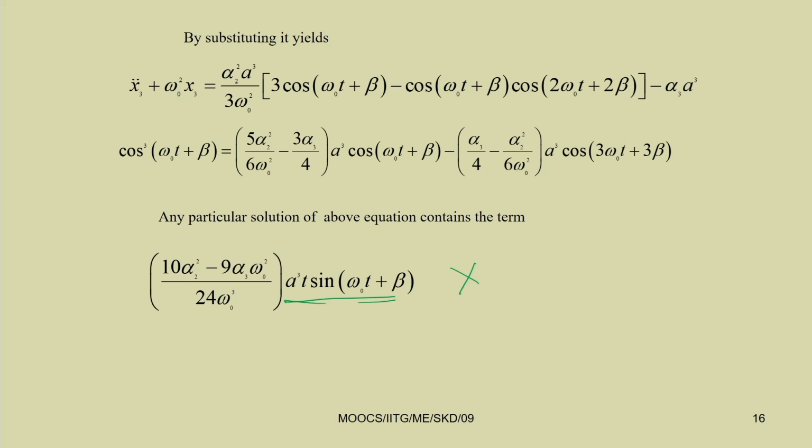In actual case, these terms involving this t are known as the secular term. So, one has to work in such a way that this term is eliminated, so we modify this method.